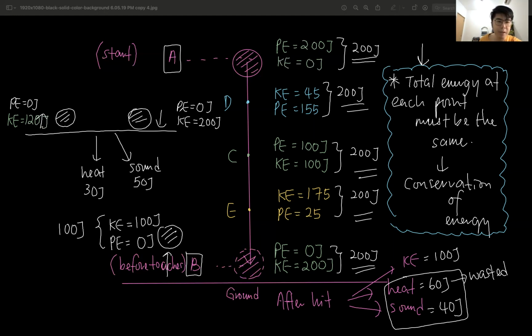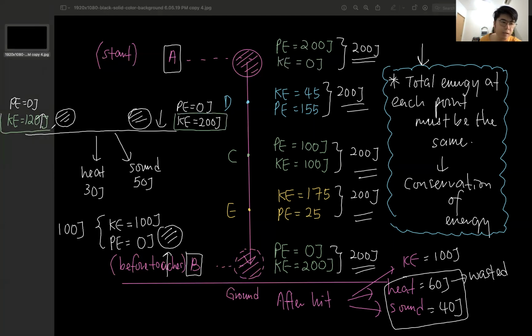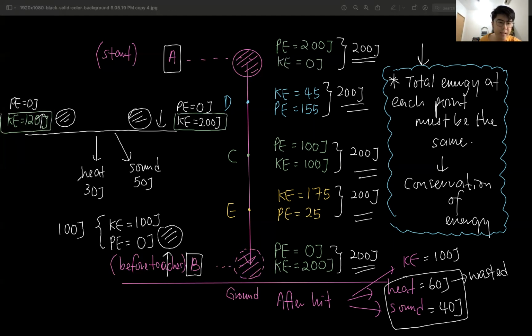Comparing the kinetic energy here, 200, this one is 120, so 80 is lost to heat and sound. This is what is happening during the rebound. Some energy is lost to the surroundings because of the heat and sound.